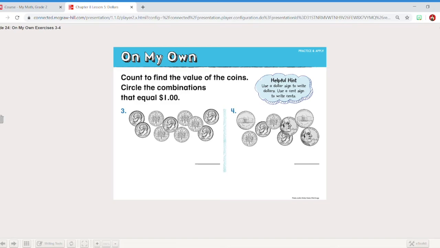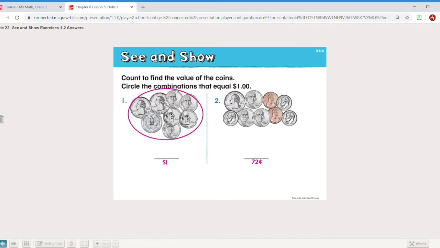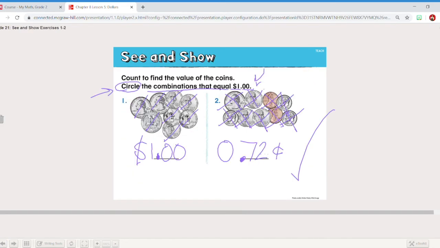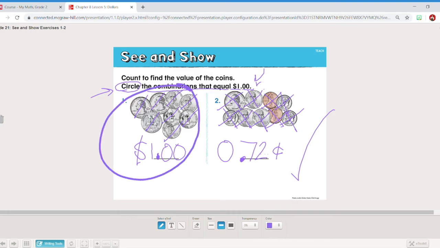The rest of the math is very similar, where it wants us to circle the combinations that equal $1, which reminds me to go back and check my work, because I don't believe I followed that instruction very well. So I'm going to go back, and I'm going to really make sure I circle number 1 because it equaled $1.